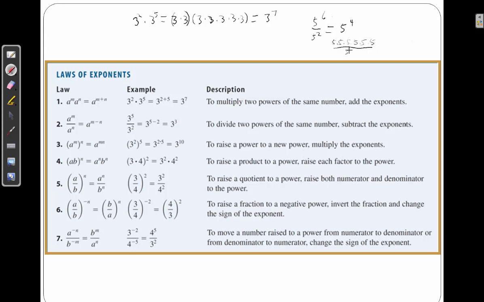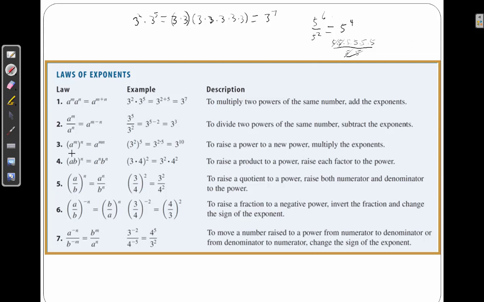And 5 to the 2 is equal to 5 times 5. Two of them reduce away, and that's why you end up with 5 to the 4th. You cannot reduce between exponents like that. Just subtract them, don't try and reduce them, and I'll be happy and you'll be happy.